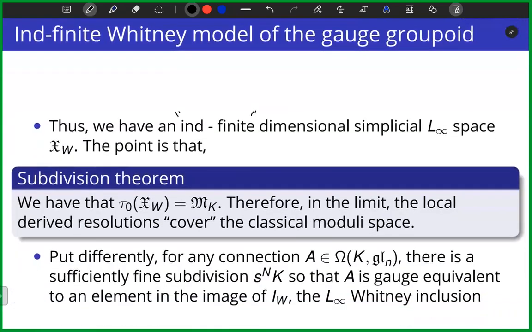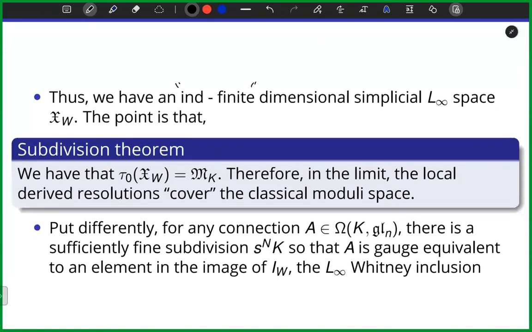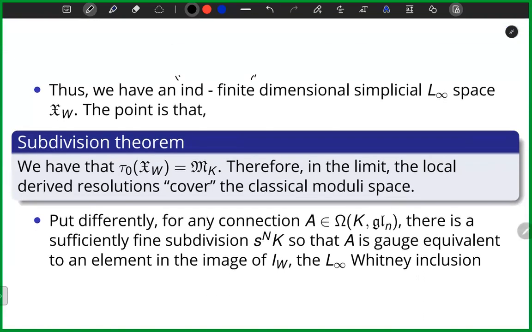So put differently, that means we can prove that for any connection A, you can sufficiently subdivide K so that the connection is gauge equivalent to an element in the image of the Whitney inclusion map. So it's gauge equivalent to some L infinity Whitney form.